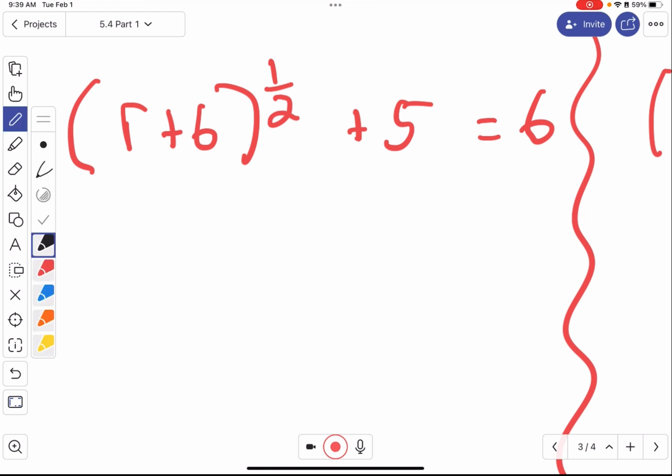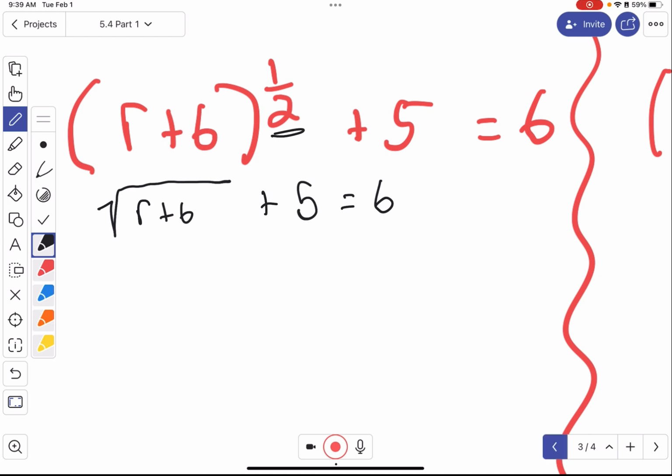If you need to rewrite this, if I have something to the 1/2 power, remember this is just the same thing as the square root of r plus 6 plus 5 equals 6. Those two things mean the same exact thing.